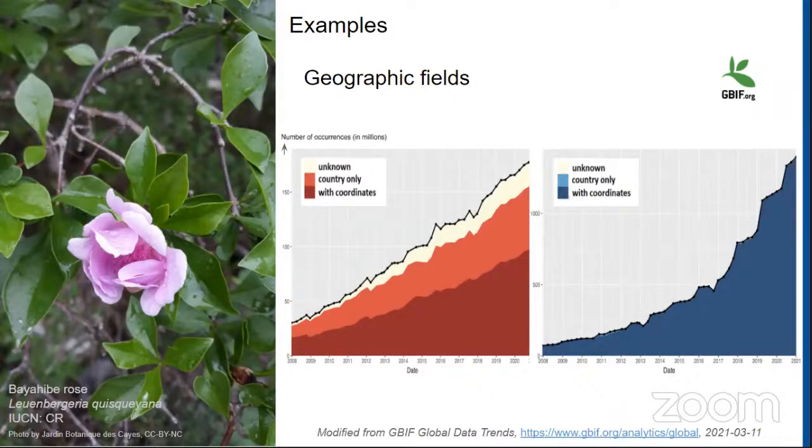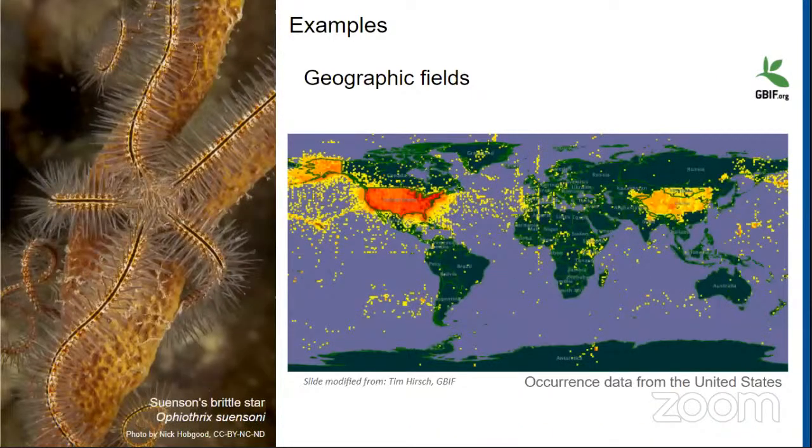Now let's see some examples. This is an old slide of how data from the United States would look if it wasn't cleaned up. As I said, this is not the current situation, but I think it's a good example to show.